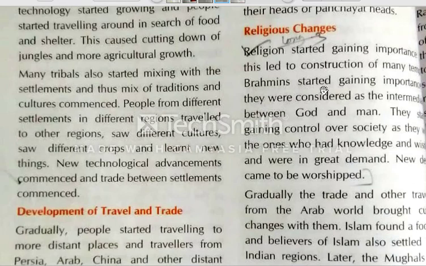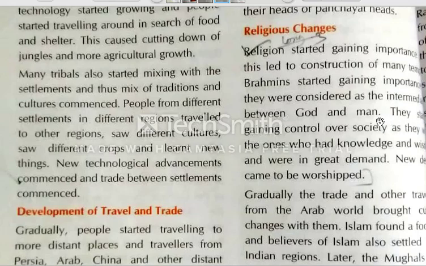Brahmins started gaining importance. People started to respect them. The Brahmins were considered the intermediary between God and man. People started thinking that they are the mediator of God and man.